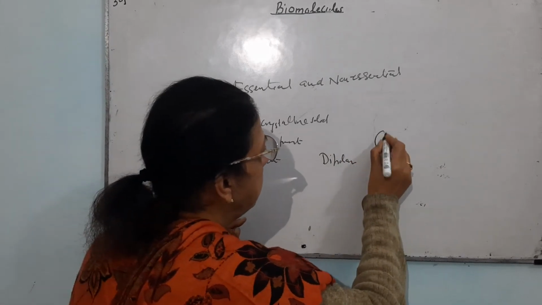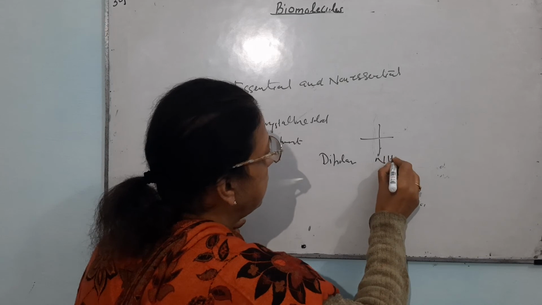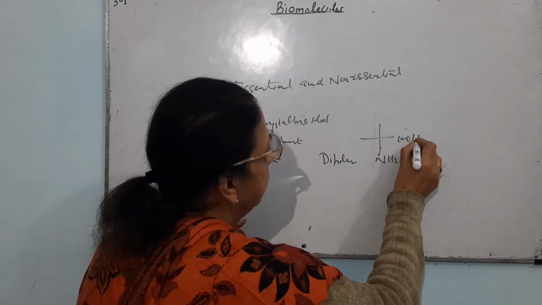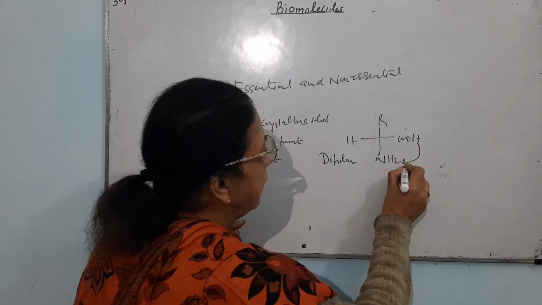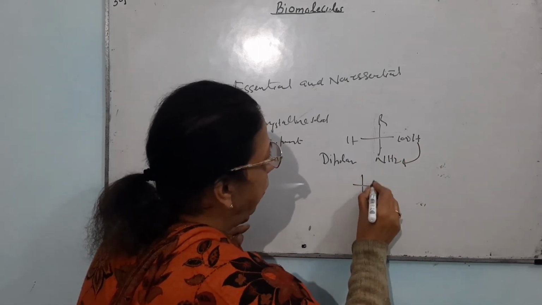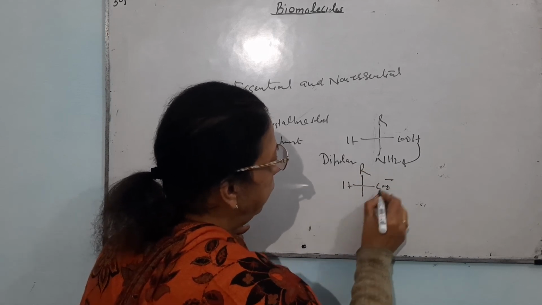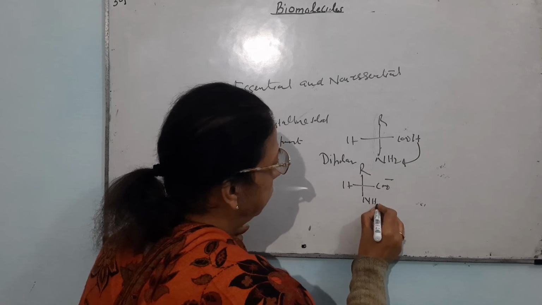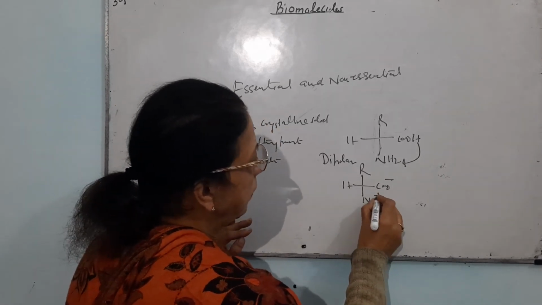Actually, what happens if there is any amino acid? This H migrates towards NH2 and there will be formation of an ion where there is the presence of negative as well as positive charge.